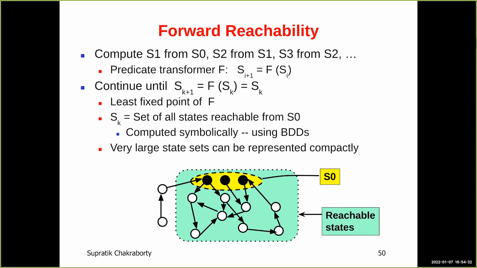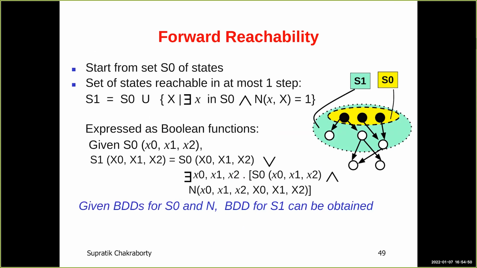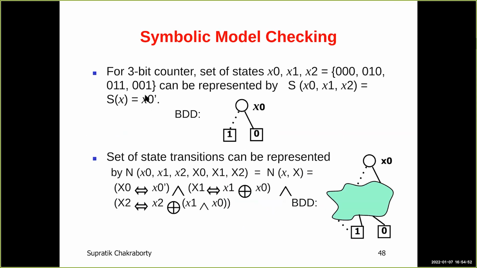Now, what this has given us is that we are actually able to do reachability, but without talking about the states explicitly. So we can now represent very large sets of states compactly. We have already seen an example over here, just one literal.